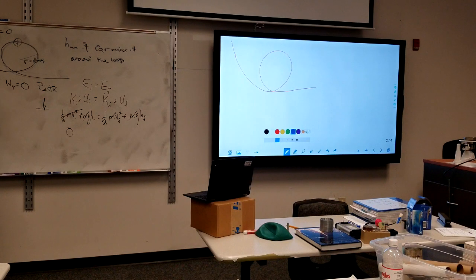If we put it at the top of the ramp, where the car starts, we could eliminate h initial. Would that complicate things?